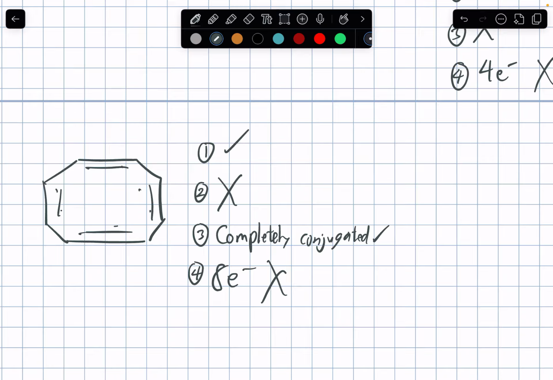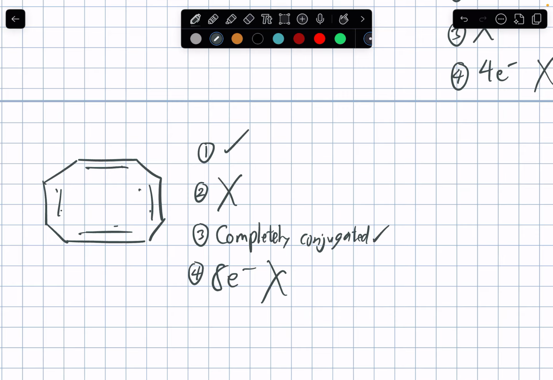I'm willing to bet it does not. That is correct. There is sp2 hybridization.